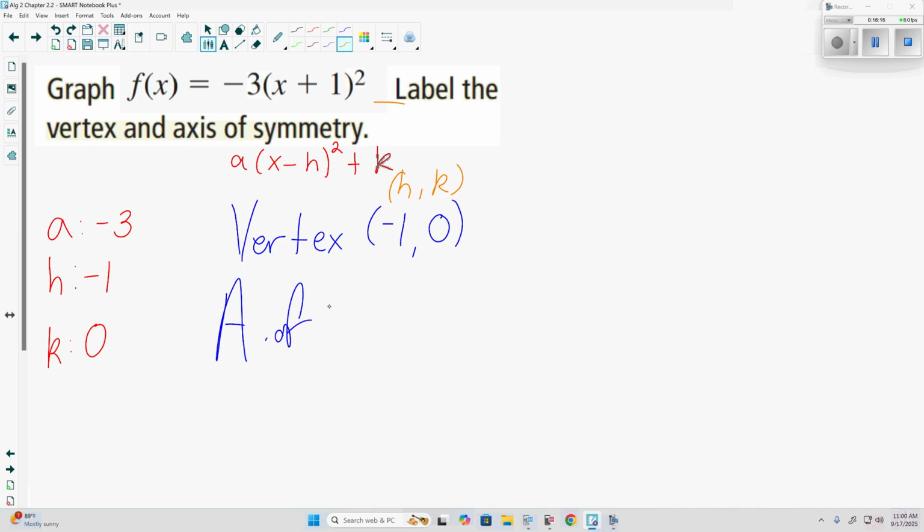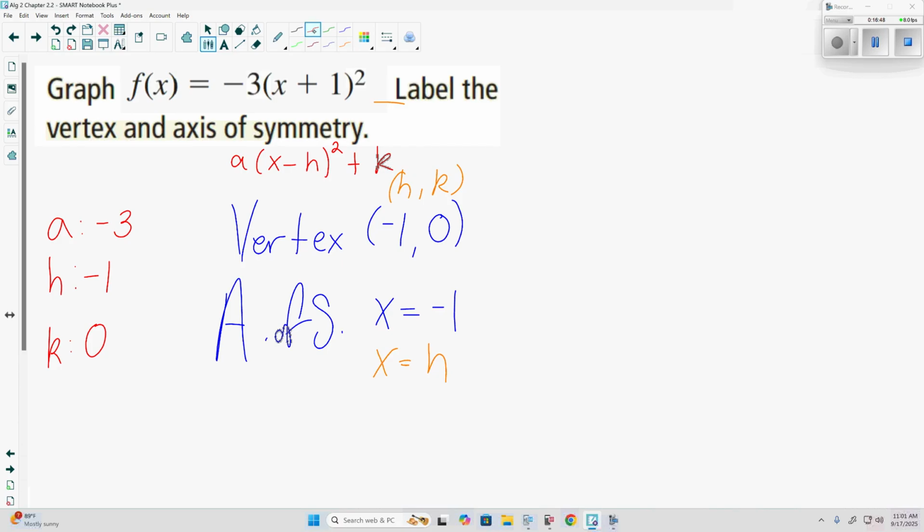Axis of symmetry. X equals negative 1 because it's lining up with our x is equal to h. I will let y'all abbreviate axis of symmetry as A of S, just to shorthand it. But I will need x equals for axis of symmetry, because we do have other equations that are written in the other form.